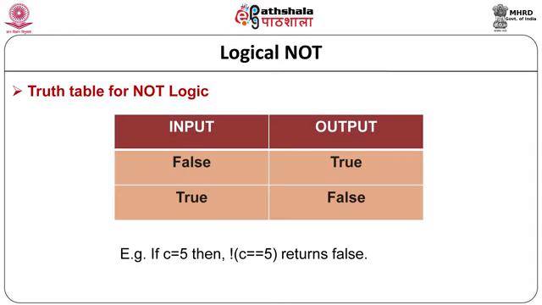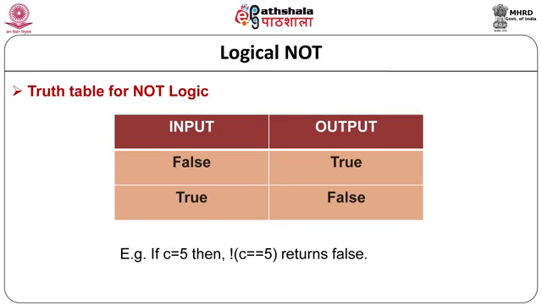Now let us go for the logical NOT gate. You know the logical NOT gate is the inversion of the input. When the input is 1, the output becomes 0, and when the input is 0, the output becomes 1. This is a very simple logical NOT operator. You can see in the truth table, when the input is false, the output is true, and when the input is true, the output is false.